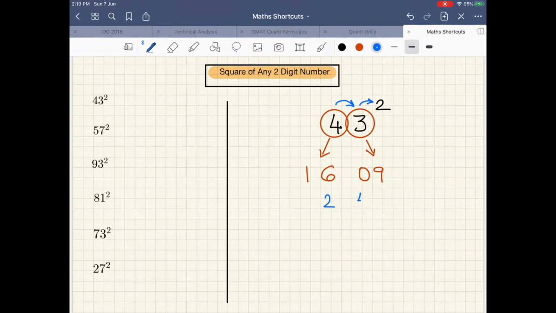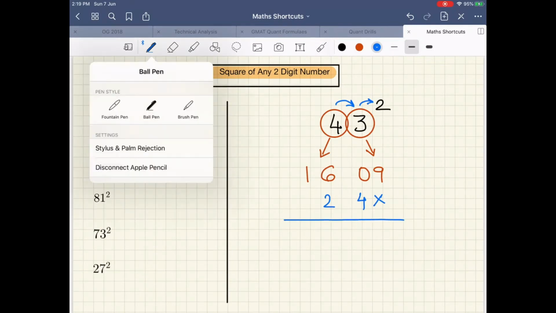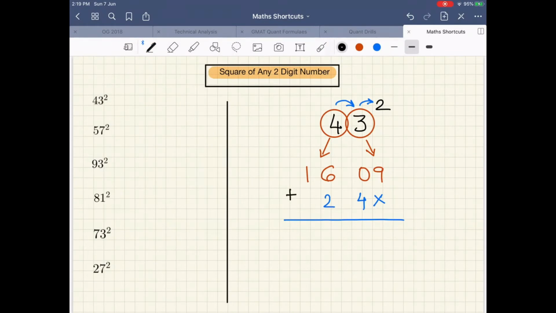So I will write 24 over here. I will not write anything in the units place. And now we need to add. So 9, 4, 8, 1. So the answer is 1849.